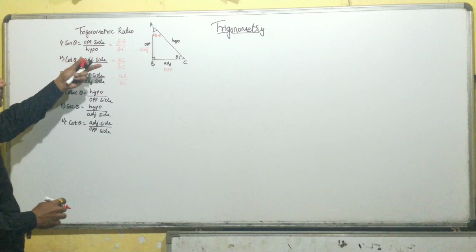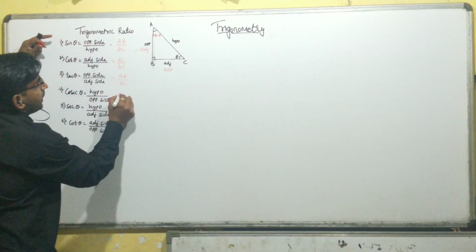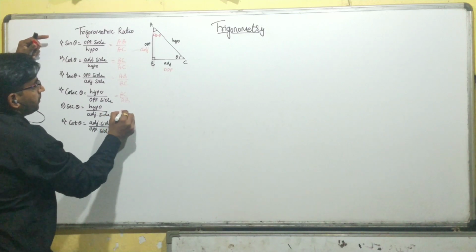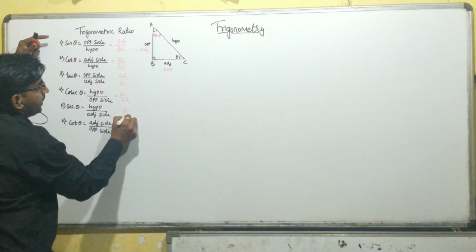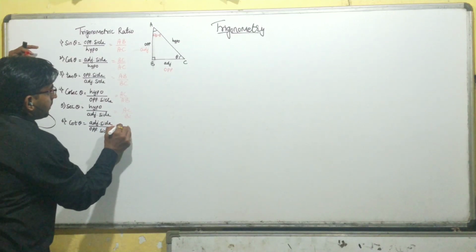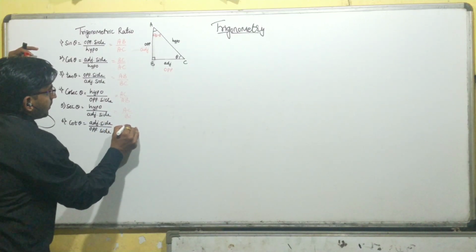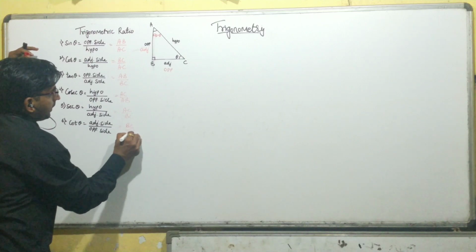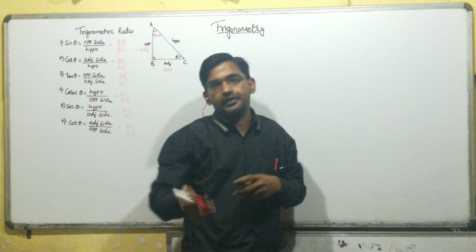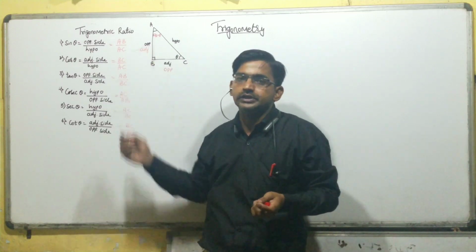Same way, this is the inverse, so this becomes AC upon AB. This will be AC upon BC. And the last one is BC upon AB. So in this way, if we further get the values, we can substitute and get the answer.